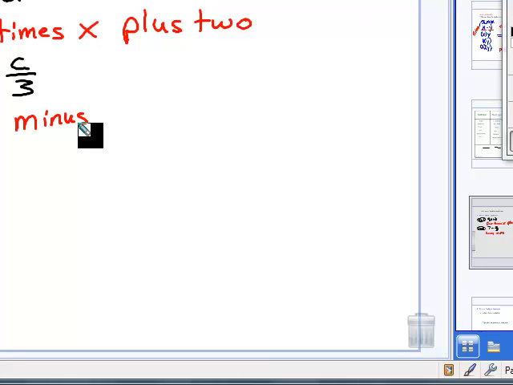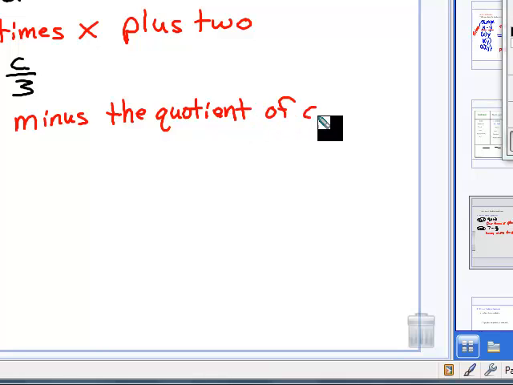A division problem. Minus c divided by 3. Yep, that's good. We could do that. Or you can write minus the quotient of, it's probably how you're going to see it when we have to go the other way, the quotient of c and 3.